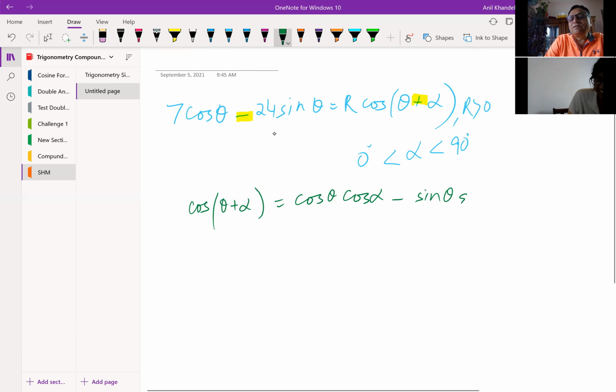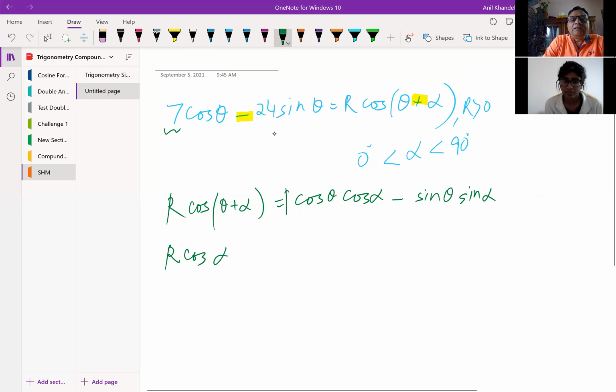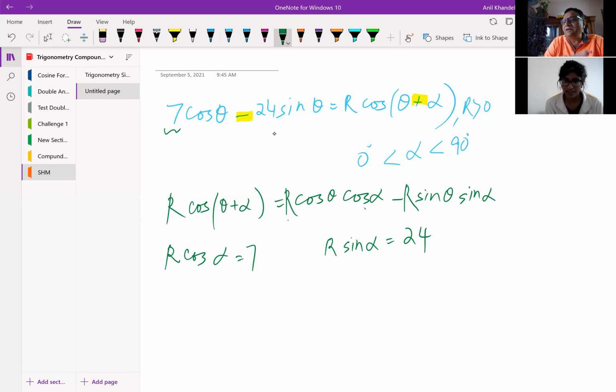Then r will get multiplied here, and r will also get multiplied here. Clear? So r cos alpha is equal to 7 and r sine alpha equals 24. No need to write minus because minus is common. It's already there in the equation. It's really nice to not deal with it.